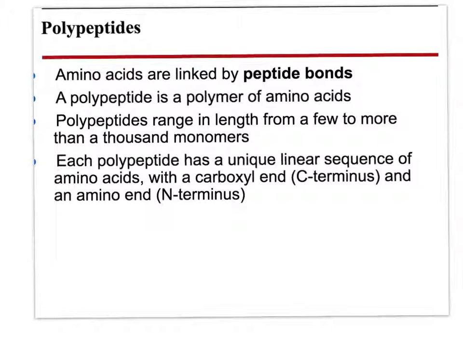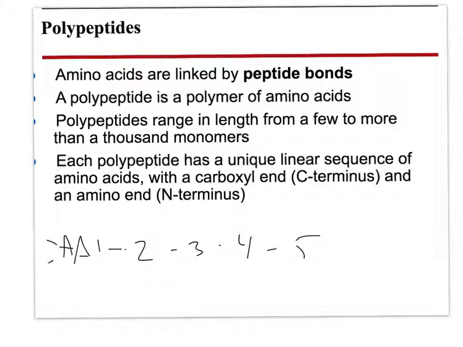Each polypeptide, each protein that you have has a distinct linear structure. A distinct sequence of amino acids that are put in the right spot, with a carboxy terminus and an amino terminus. That's because each amino acid has a carboxy terminus and an amino terminus. So here, if I'm going to join amino acids together, here's amino acid 1, 2, 3, 4, 5.